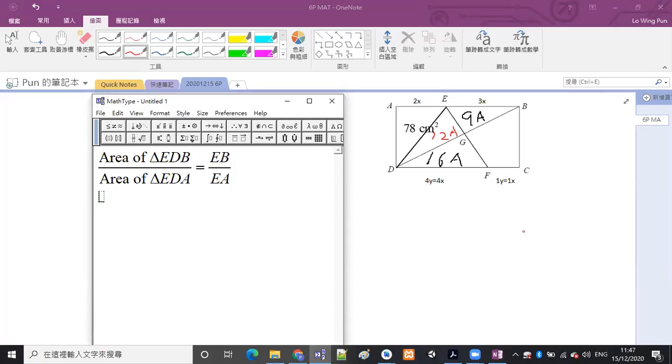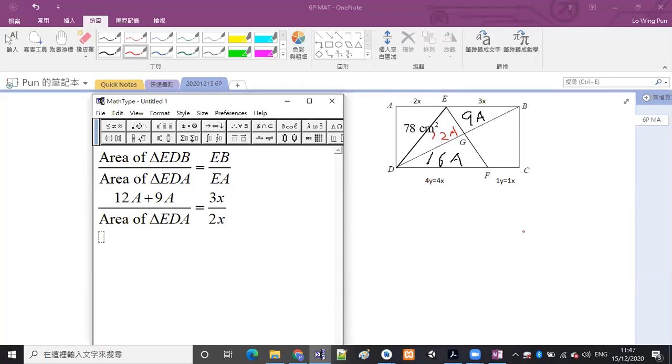But EB is 3x, EA is 2x, and the area of triangle EDB is 12A plus 9A. Divided by the area of triangle EDA should be equal to EB, sorry, it's not 9A, it's 3x divided by EA, that is 2x.